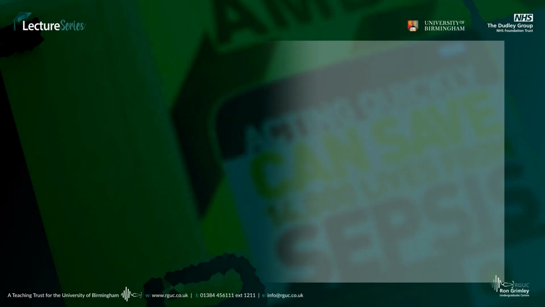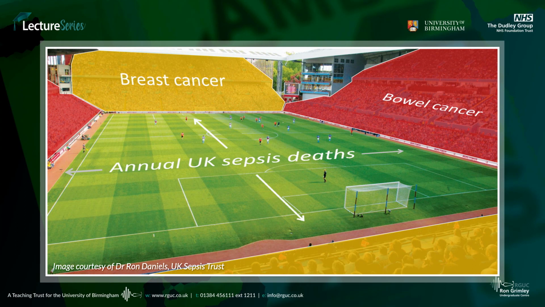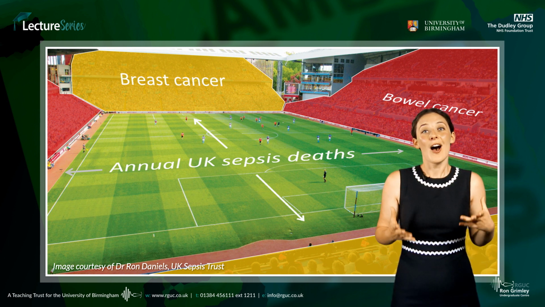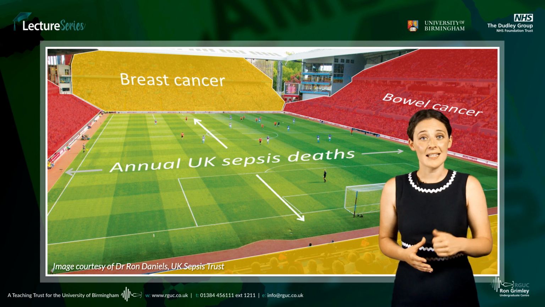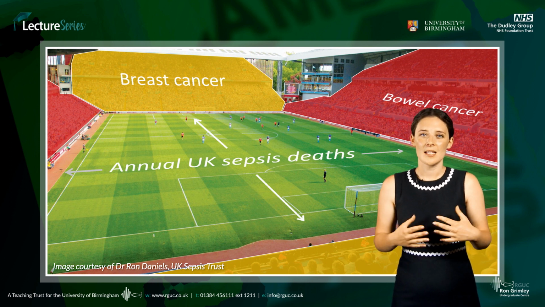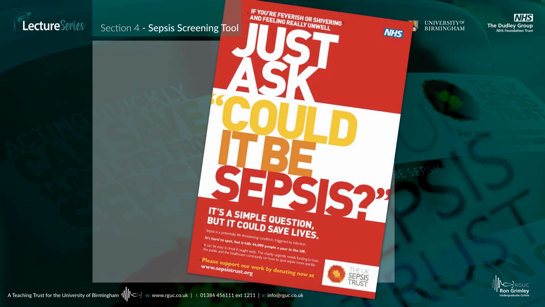That means that sepsis kills more people every year than breast cancer, bowel cancer, and prostate cancer combined. And yet, our understanding of sepsis in the general population and amongst health professionals is poor. Sepsis UK recently launched their campaign to encourage people to just ask, could it be sepsis?